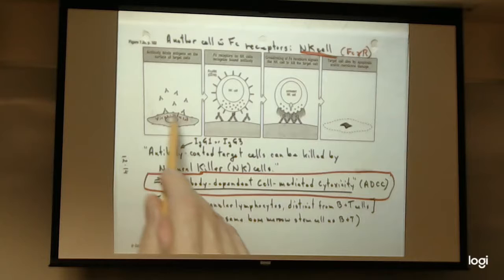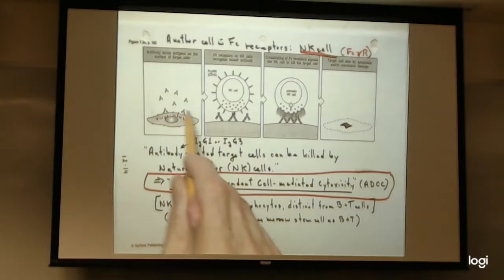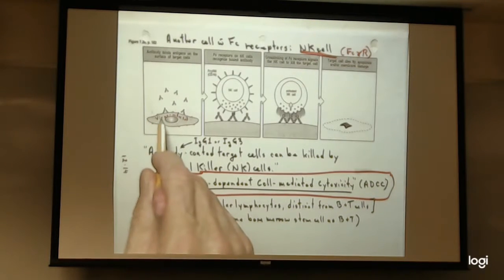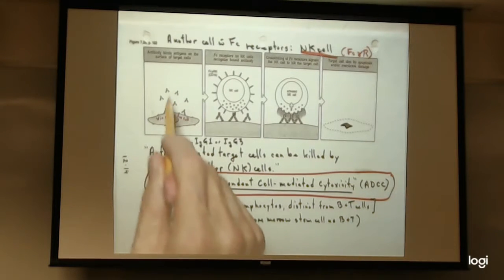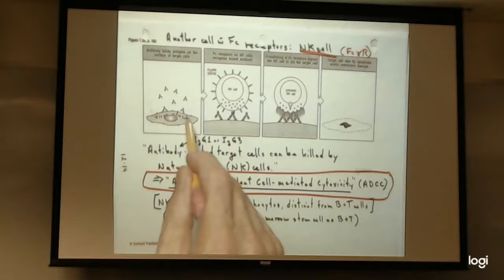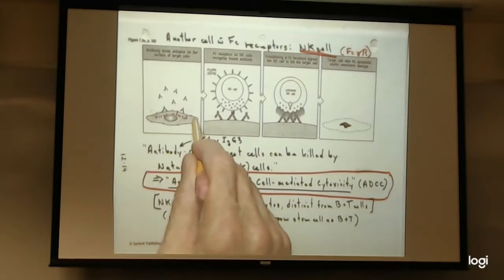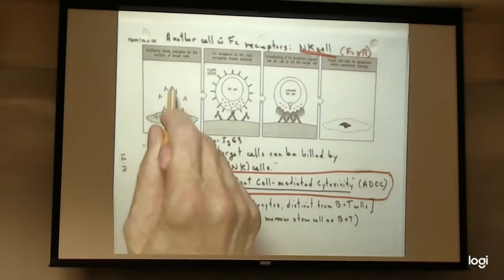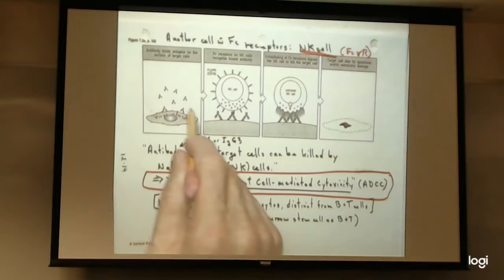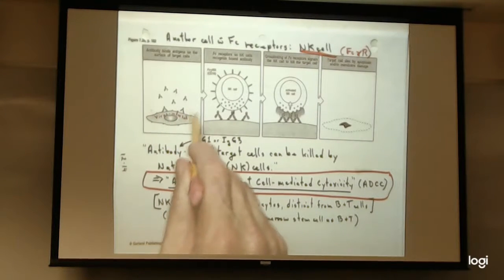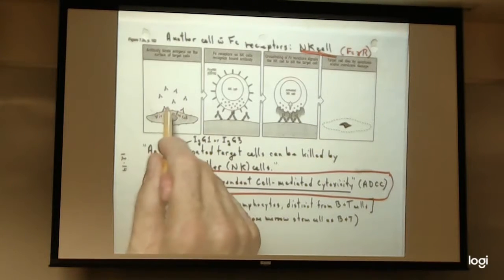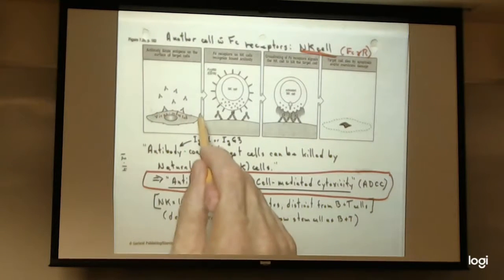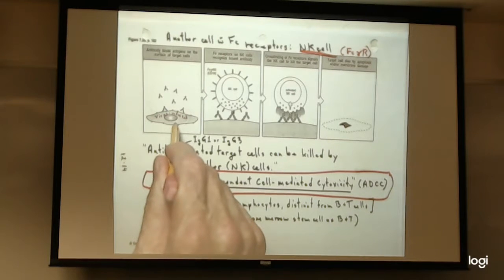So here's a virus-infected cell, and so we're making viral particles and releasing them from this cell. So the surface of this cell has partially formed viral particles and so forth, and antiviral antibodies will bind to those partially formed viral particles that are part of the plasma membrane of the cell, and so the antiviral antibodies are binding the surface of a virus-infected cell.